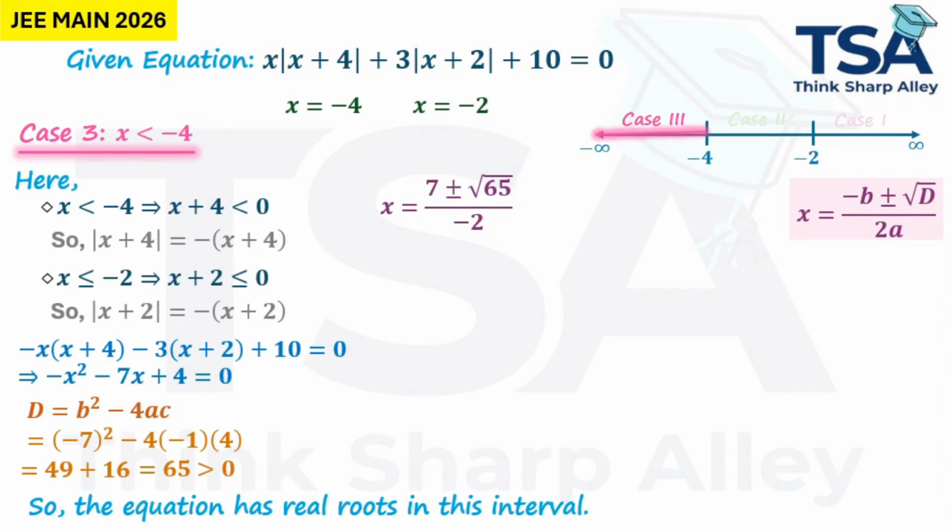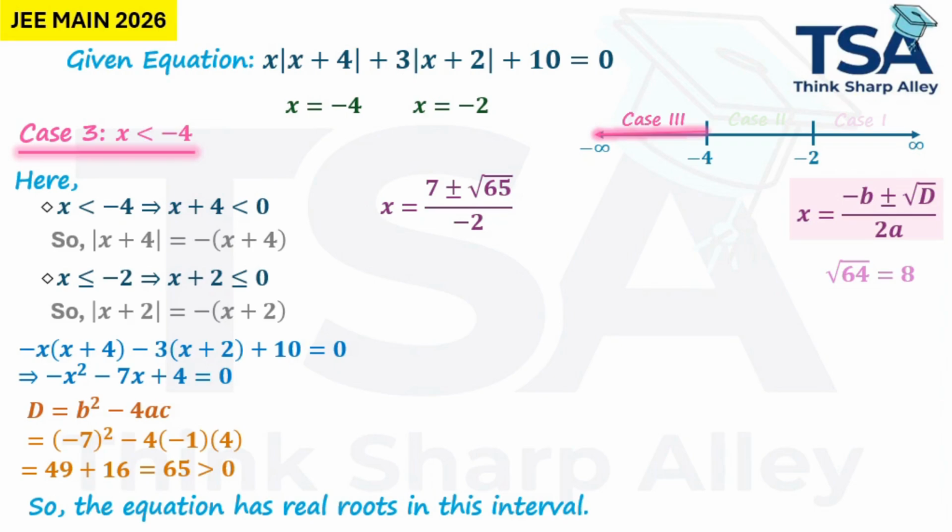Now comes the ultimate trap, where most high-scoring students slip up. You cannot just celebrate finding two roots and assume they both work. They must satisfy our case 3 rule. Our values must be strictly less than minus 4 to be valid. So let's run a quick mental estimation. We know the square root of 64 is 8.